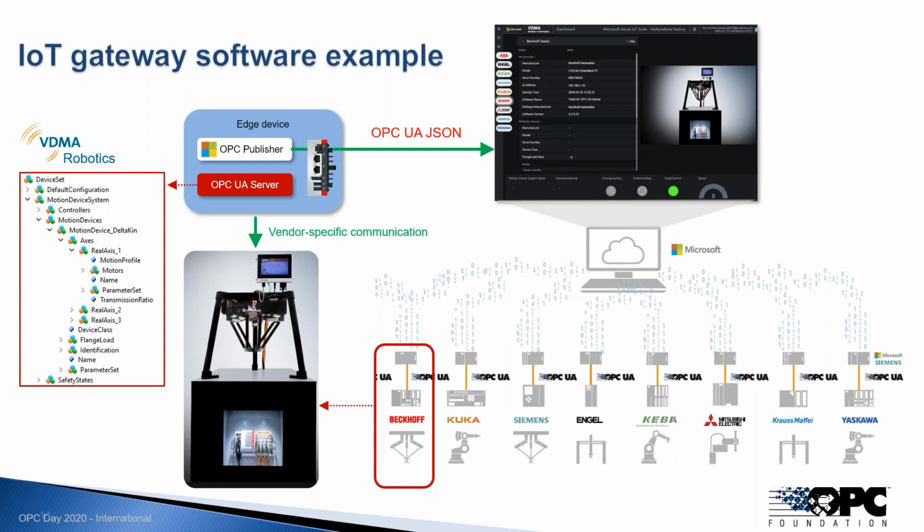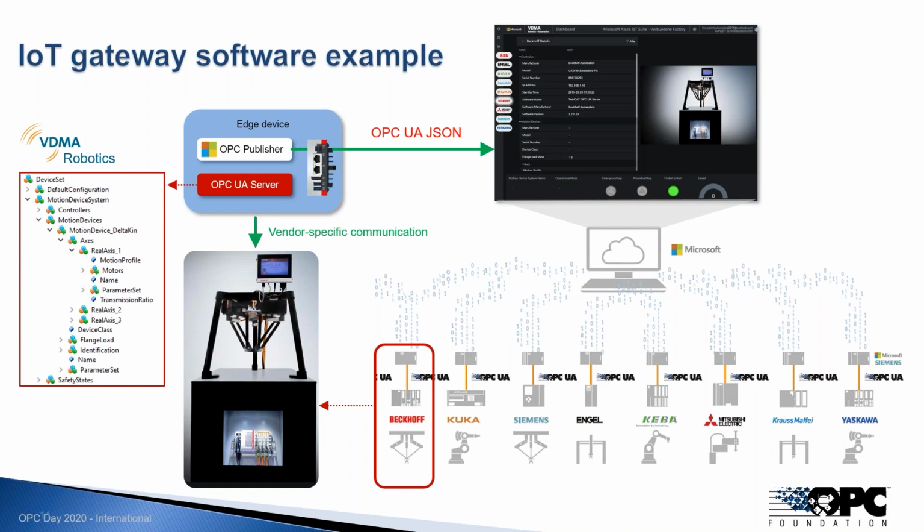This OPC Publisher component could now be installed on all the different vendors' edge devices you see in the lower right corner. And as long as there is an OPC UA server providing the local data in the VDMA robotics companion specification format, it could directly be taken without reconfiguration.